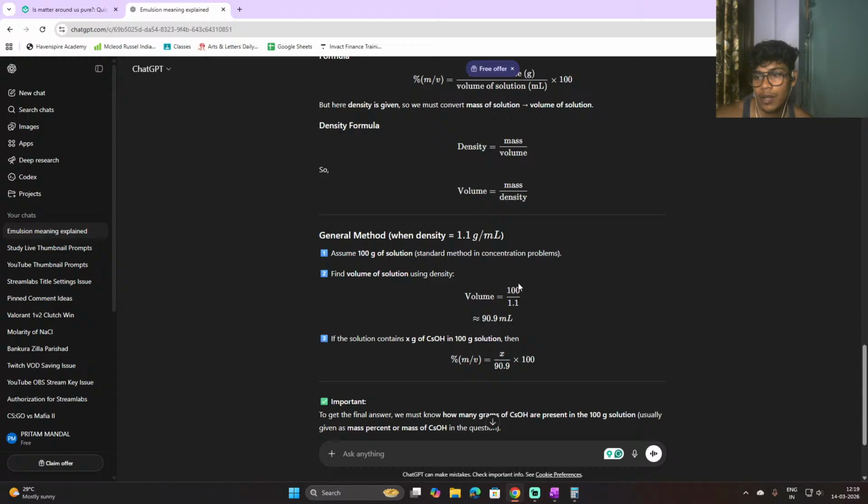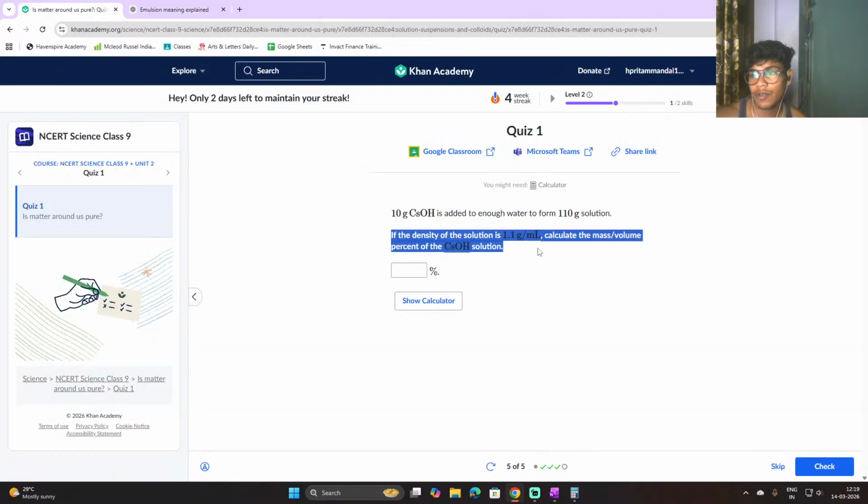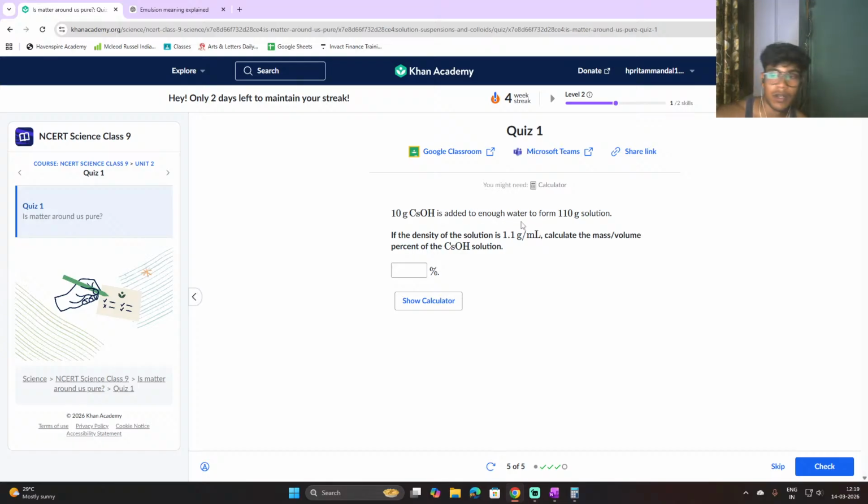The standard method is 100 gram by 1.1 to find the volume, then we will get 90 ml. First we need to get the volume, because here they are saying enough water; they are not revealing the water percentage or water ml. So we have to find out the ml because the density is given.